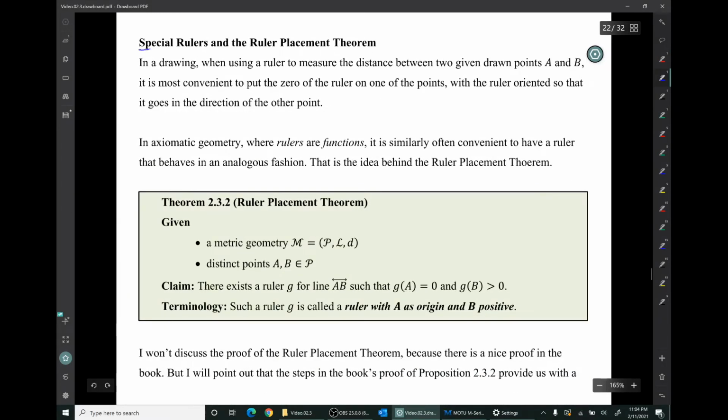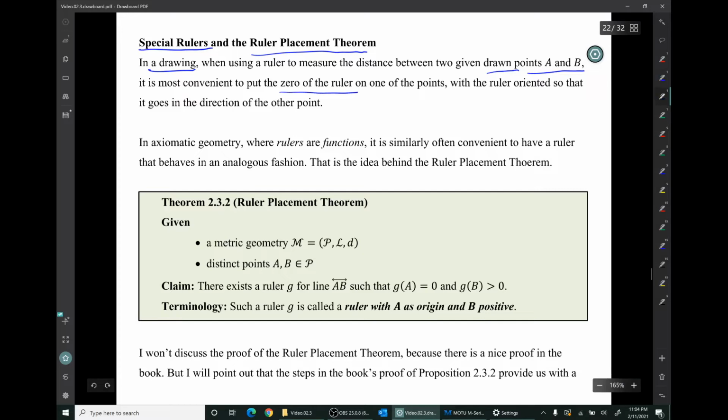Now I want to talk about special rulers and the ruler placement theorem. In a drawing, when you're using a ruler to measure the distance between two given drawn points, A and B, it's most convenient to put the 0 of the ruler on one of the points with the ruler oriented so it goes in the direction of the other point.